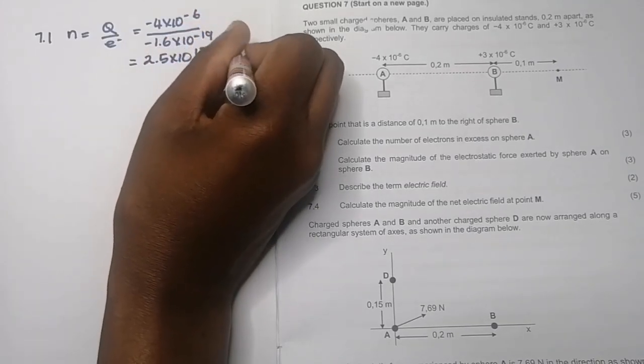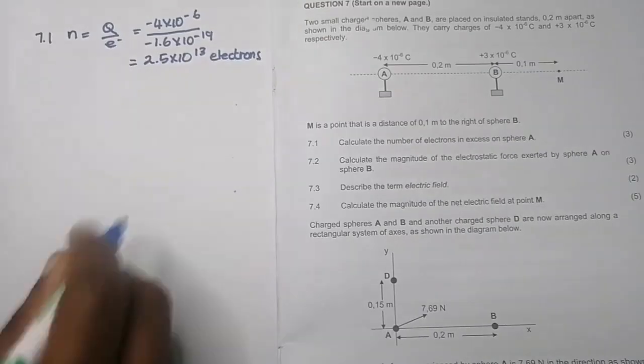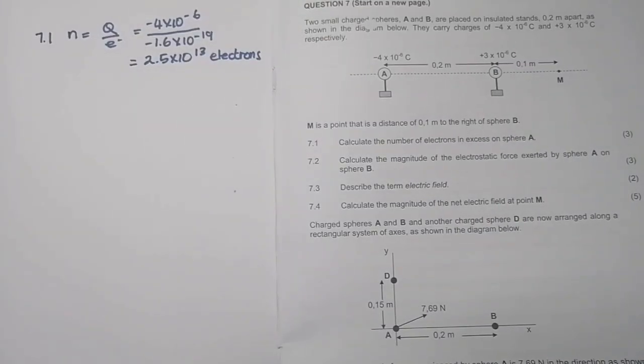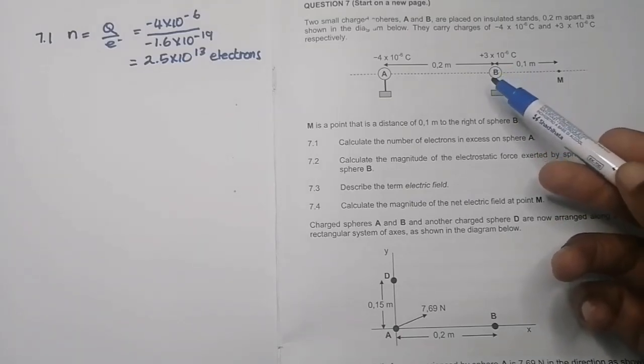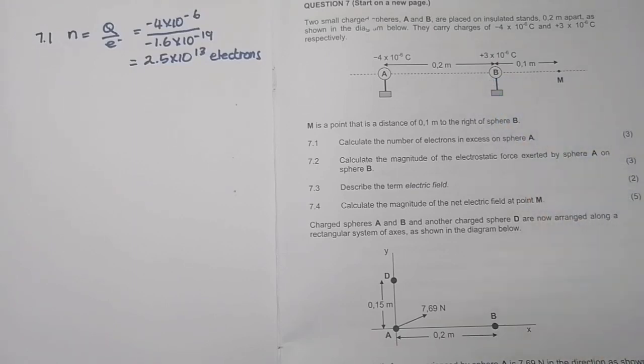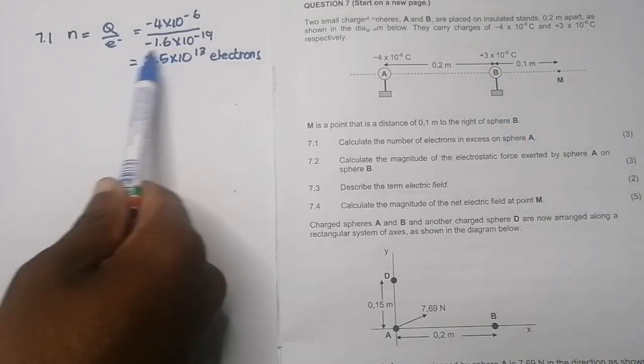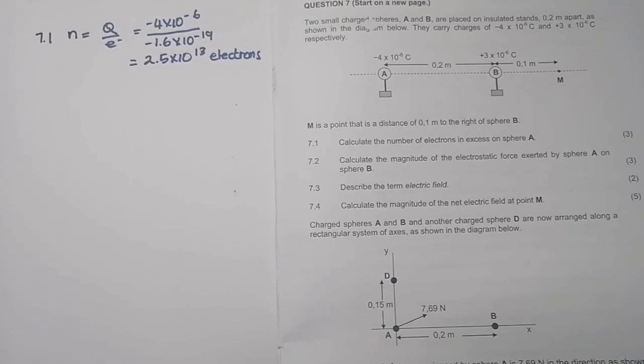Please keep in mind we are looking for the number of electrons. If they wanted the number of electrons that are deficient in B, for argument's sake, you'd also take the charge of B, but you would divide by positive 1.6. The reason is that you can never have a negative number of something.